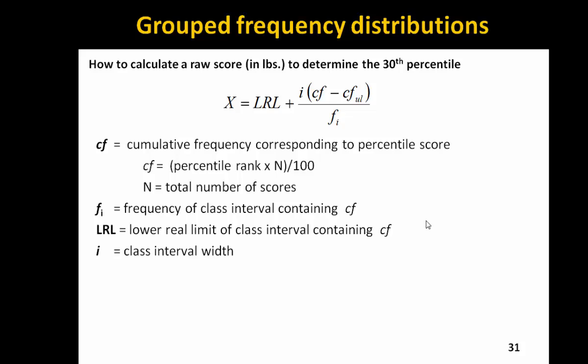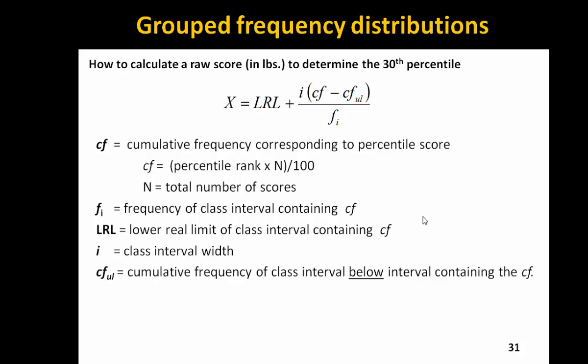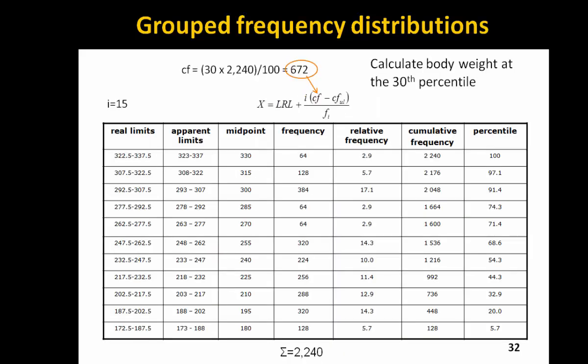I is the class interval width, which we calculated as one of the first steps here. The CF is the cumulative frequency in the class interval below, under the limit, so below the interval containing the cumulative frequency, and we'll take a look at this here on this graph.